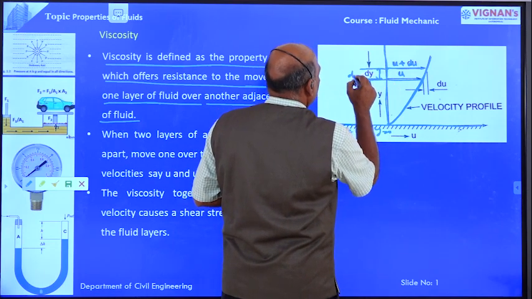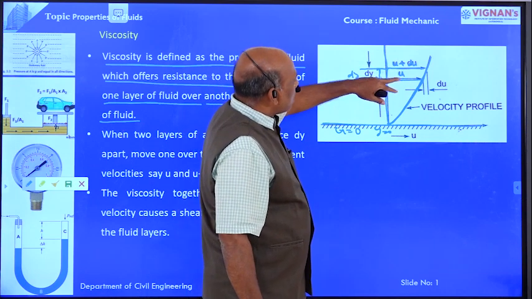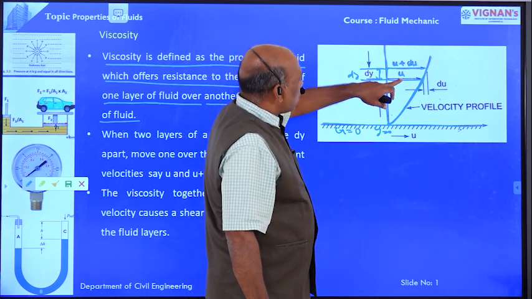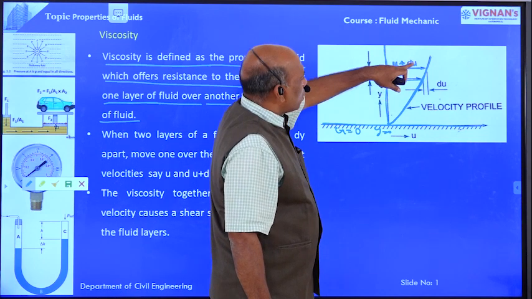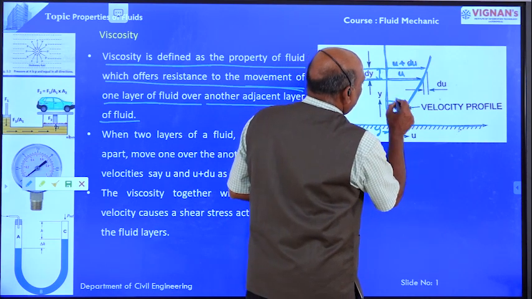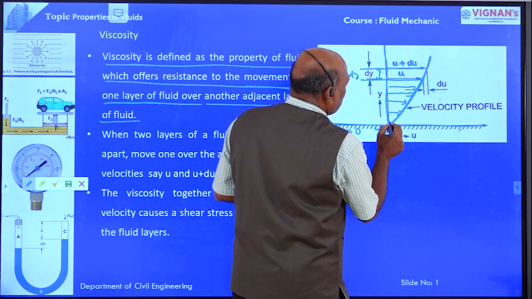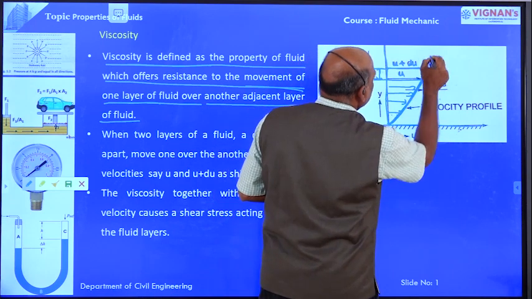Because of this change of velocity, here velocity is u, here velocity is u plus du, that means velocity increases. From the boundary, the velocity gradually increases.